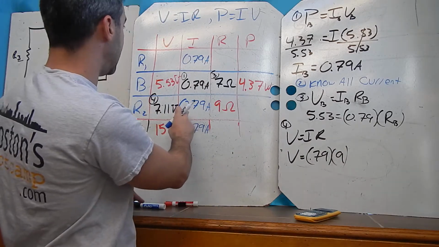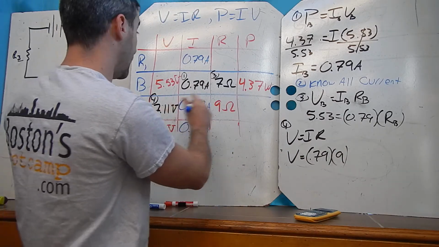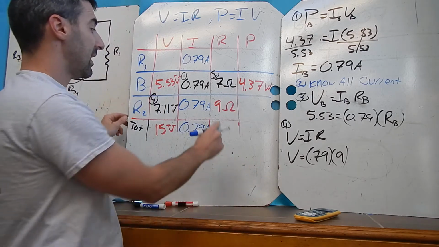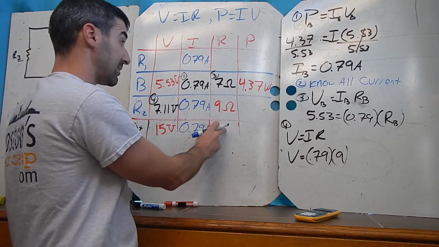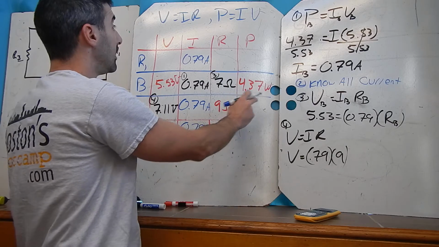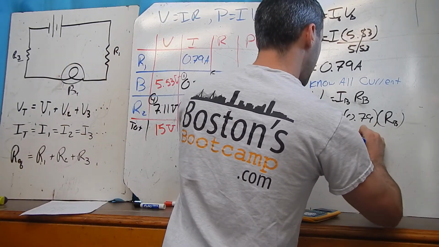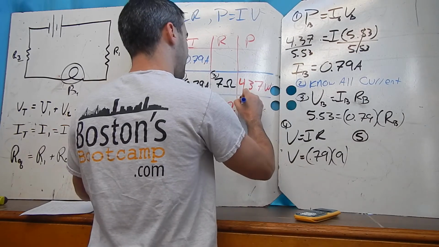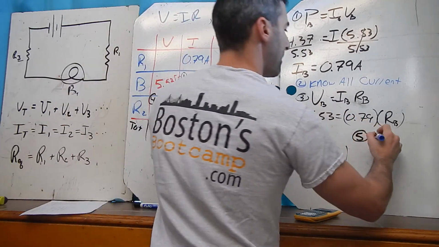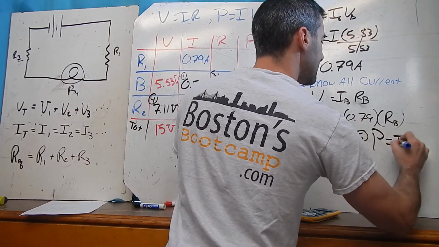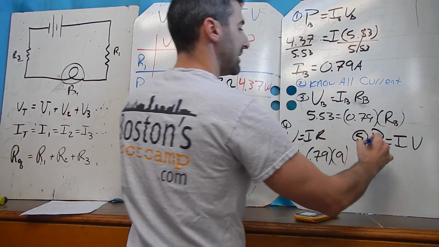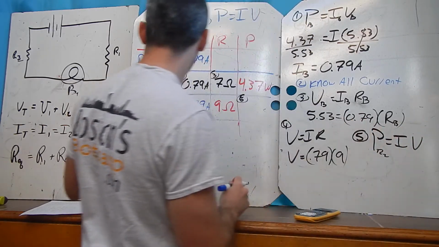So let's see. Oh man, wait, now I could do lots of things here. I could do V equals I times R. I could do power equals I times V. So I'm going to do that step number 5. Just because I want to finish that one. Power equals I times V, and that is of R number 2.